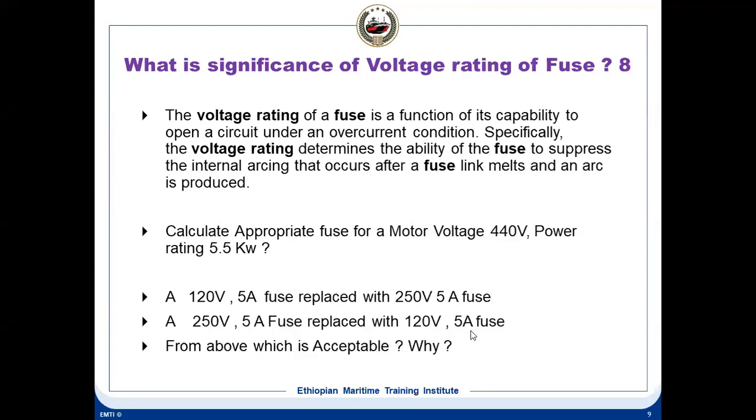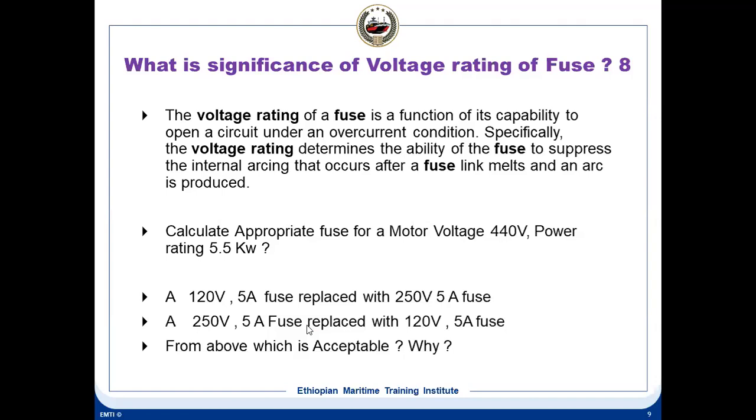Why? Because when the fuse melts, the fuse element is between the two electrodes. Even if it melts, because of the inductive components, it can give an arc. So you should have a fuse which is rated for higher voltage.